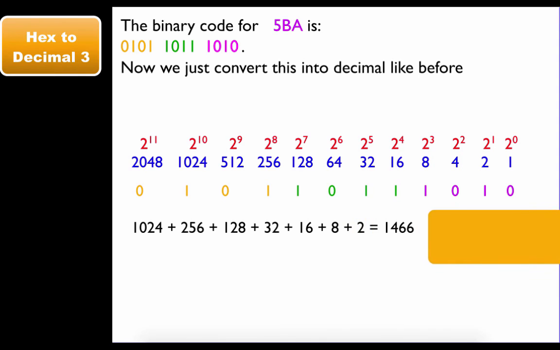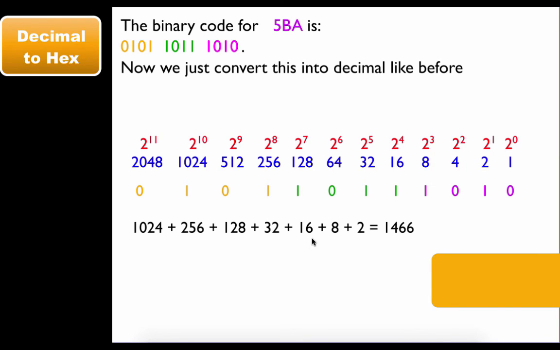All of that equals 1466. So 5BA in hex is 1466 in decimal, and 0101 1011 1010 in binary.